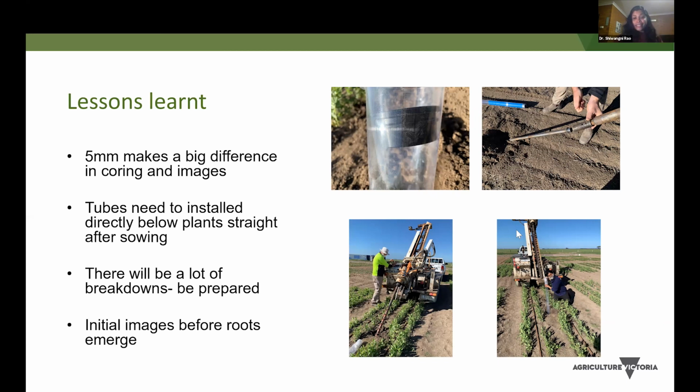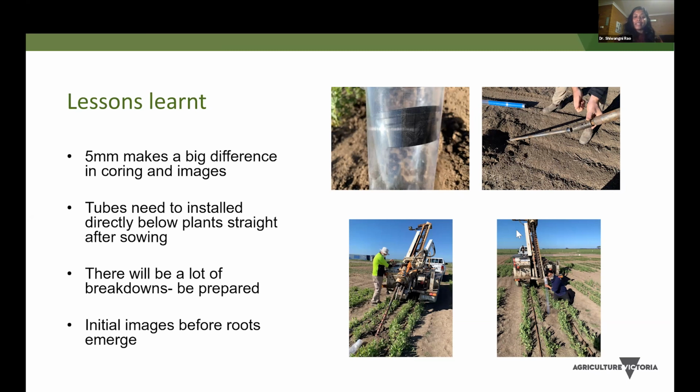And the lesson learned there was that for at least these crop plants such as pulses, the tubes need to go in straight after sowing, so there's least amount of disturbance to the roots and to the soil structure itself. We also wanted to have longer tubes, so we had them custom made locally, as was our company policy. And these tubes were made to the correct length.